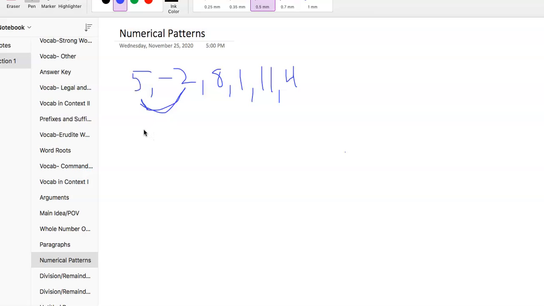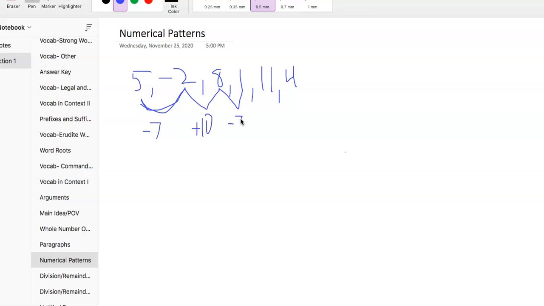Okay, so it looks like subtracted 7 from these 2. Okay, and then I look at these 2 numbers. -2 all the way to 8, that's a difference of 10. Okay, so I'd say there they added 10. Okay, then from 8 to 1 right here, difference between 8 and 1 is 7, so again they subtracted 7.